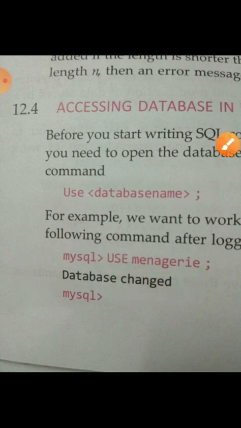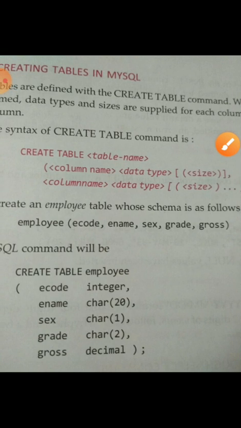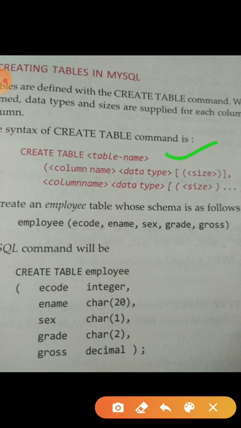Then, if we want to create a table in our database, through the use command we enter that database, and after that we create the table in that particular database. The basic syntax is create table, then table name, column name, data type and their size, okay, so this is the syntax.